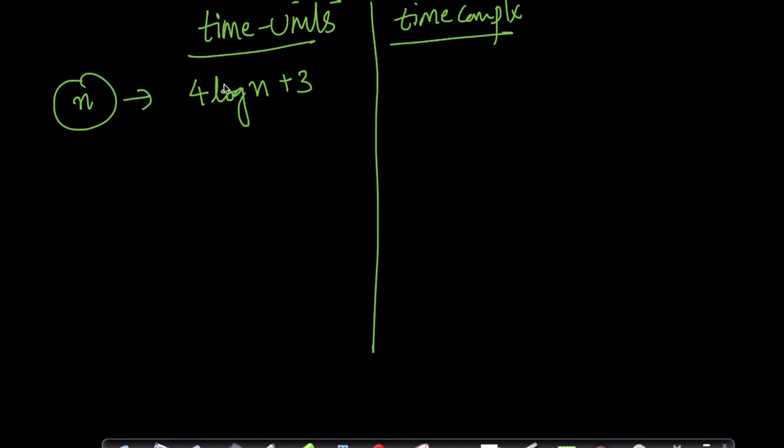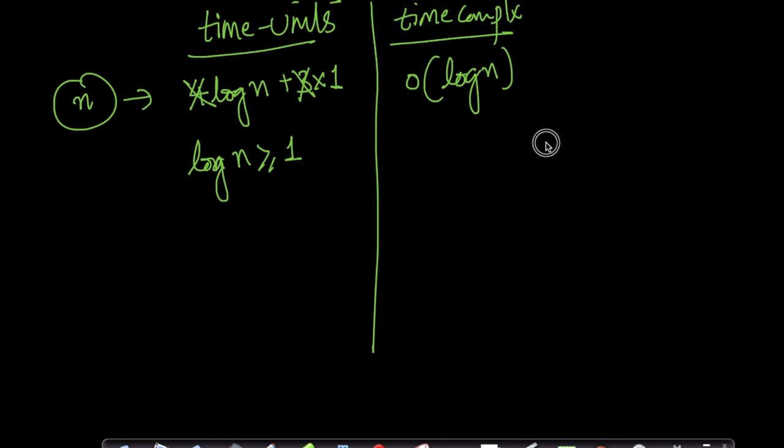There will be cases where we will get log of n. We'll see that in a while in this section. So let's assume I have this. Then there is a fun thing. As we said, neglect the constants. So I have log n. Obviously, log n is greater than or equal to 1. So we say the complexity is order of log n.